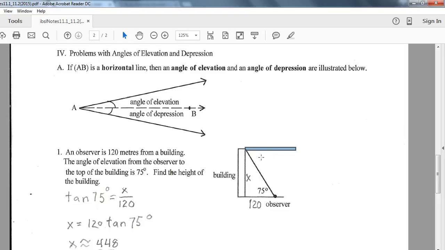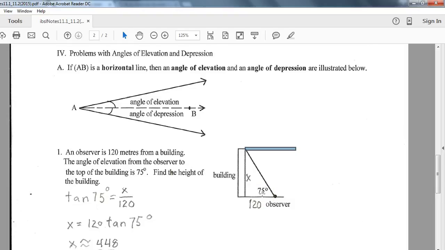In short, if you can think back to some basic geometry stuff, and this is going to help you with other things as well, things like alternate interior angles. Because this horizontal line would be parallel to this horizontal line, that creates alternate interior angles, which are always congruent. So if this is my angle of depression and this is my angle of elevation, what you need to recognize is that they're the same angle.